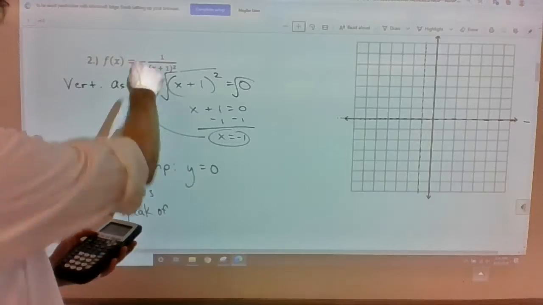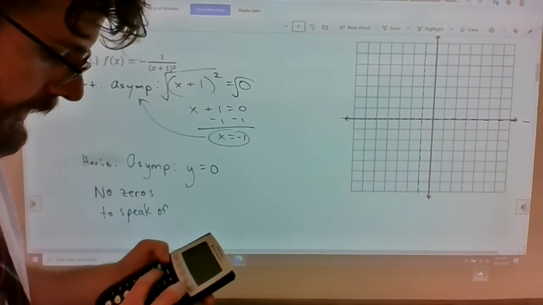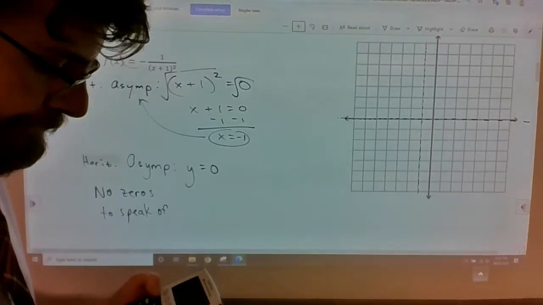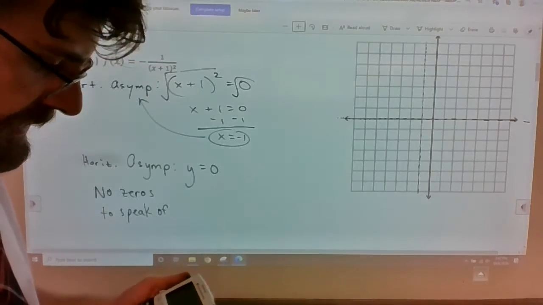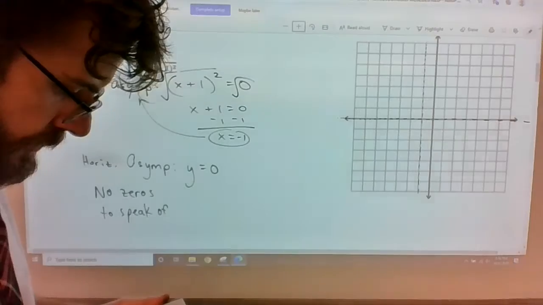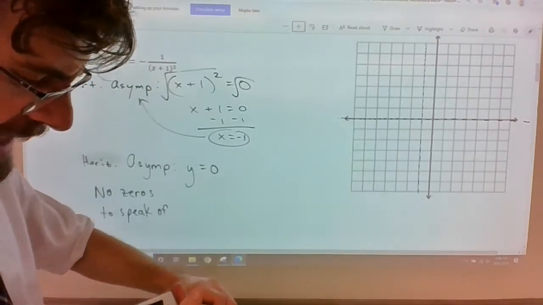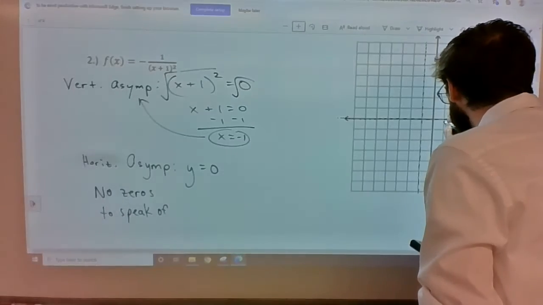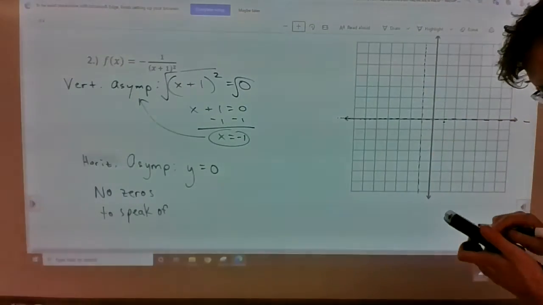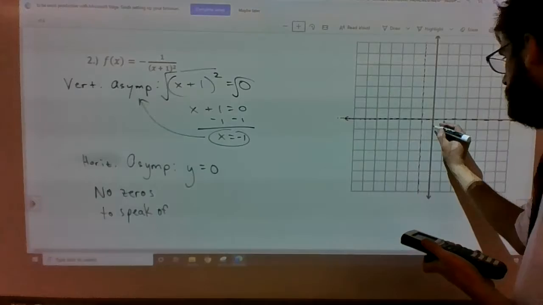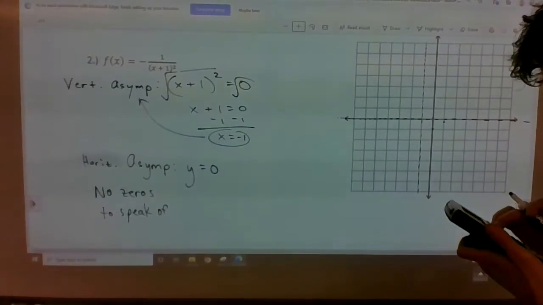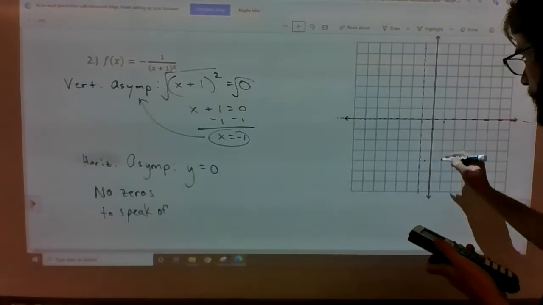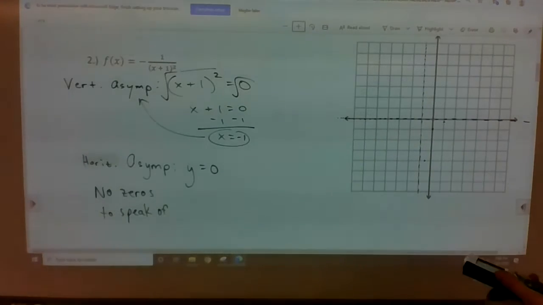Negative 1, don't forget that negative out there, divided by x plus 1, inside parentheses, squared. Let's see, what does our table tell us? Plug in a 1, you get negative 0.25. Plug in 0, you get negative 1. Plug in negative 0.5, you get negative 4. All right, I hope you guys can see what's happening with this pattern here.